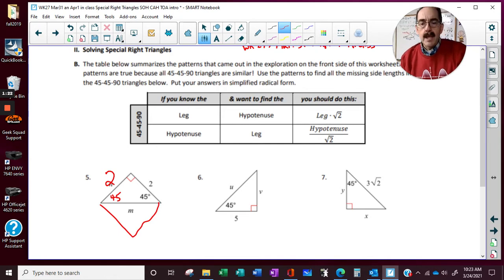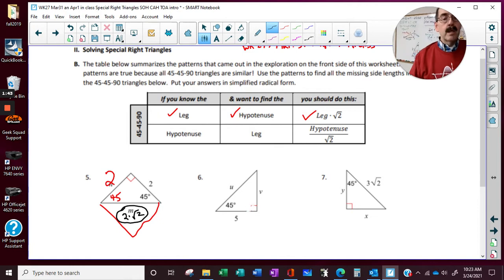Write it. Now, when we have the leg and we go to the hypotenuse, we multiply. So m is nothing more than 2 times radical 2. Done. We don't want to have to use 2 squared plus 2 squared equals m squared.